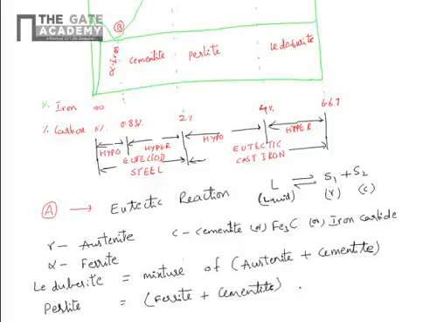Similarly, at B, the eutectoid reaction takes place, where a solid is converting into another two solids.